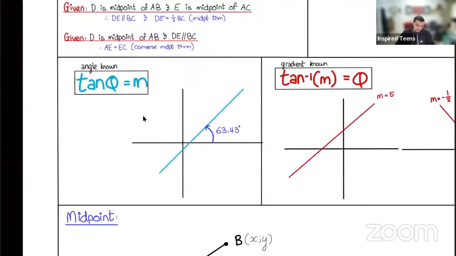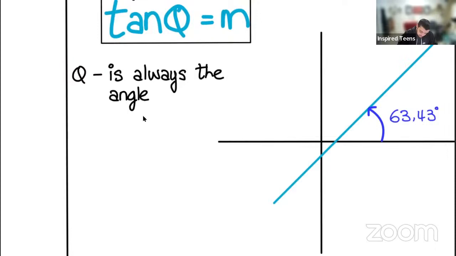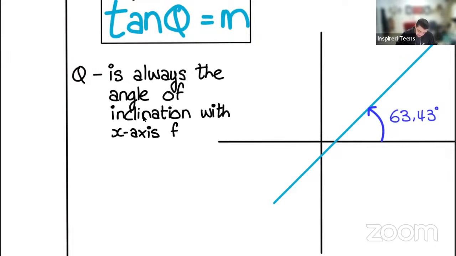There's the relationship between gradient and angle. When we talk about angle, I'm going to call it theta. Theta is always the angle of inclination with the x-axis, from the right.